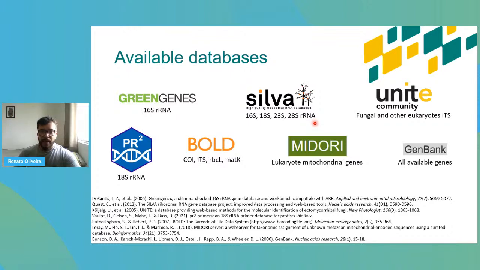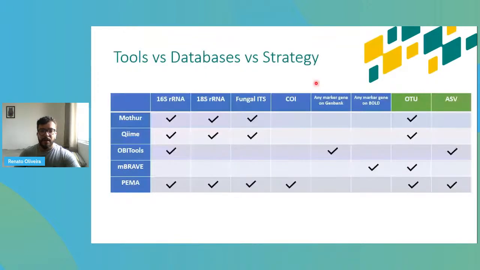In this table, I summarize all the information, and we can see, for example, that Mothur and QIIME are very similar. They can both analyze bacterial and fungal data sets, and they use the OTU strategy.